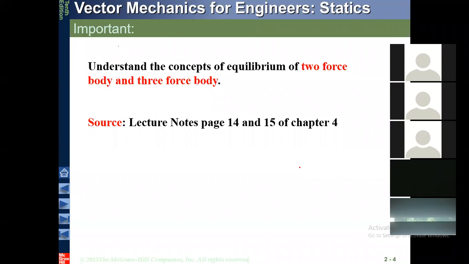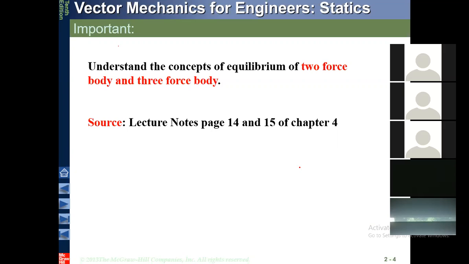Okay, so this was a 2 force body, and for a 3 force body, you should have 3 forces that act. Actually, you should have 3 concurrent forces. So they're going to intersect at the same point. Their line of action should pass through the same point with the same concept. If you take the moment around that point, then the sum of all the moments should equal 0.